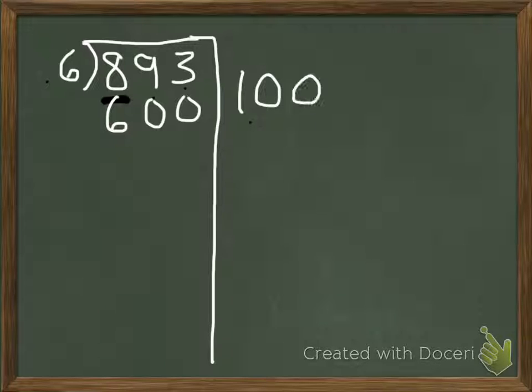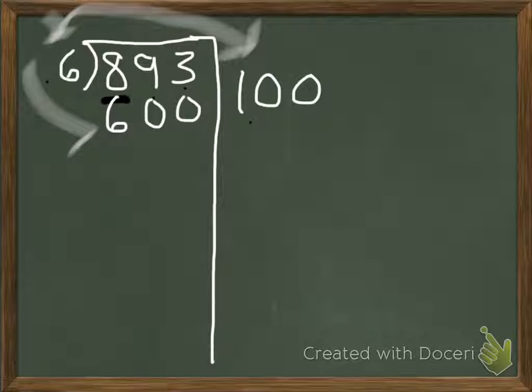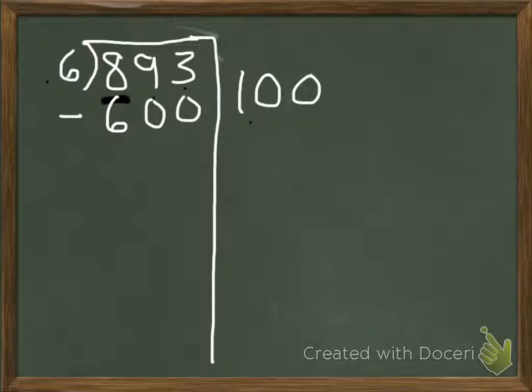And that's also why I'll put my zeros on my 100, because 6 times 100 is going to give me 600. I hope that clarifies what's happening here. Now the next step is I'm going to subtract the 600 from my 893. Once I do that, you can see I'm going to have 293 as the number that I still have left from that total.